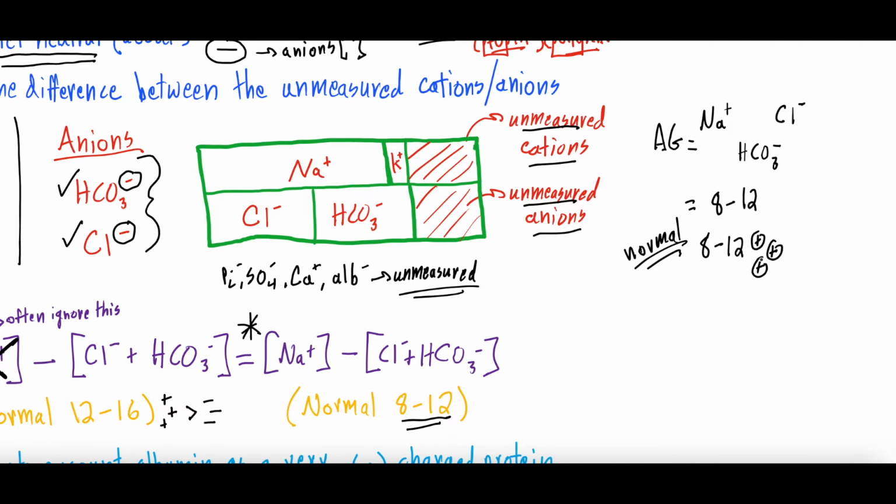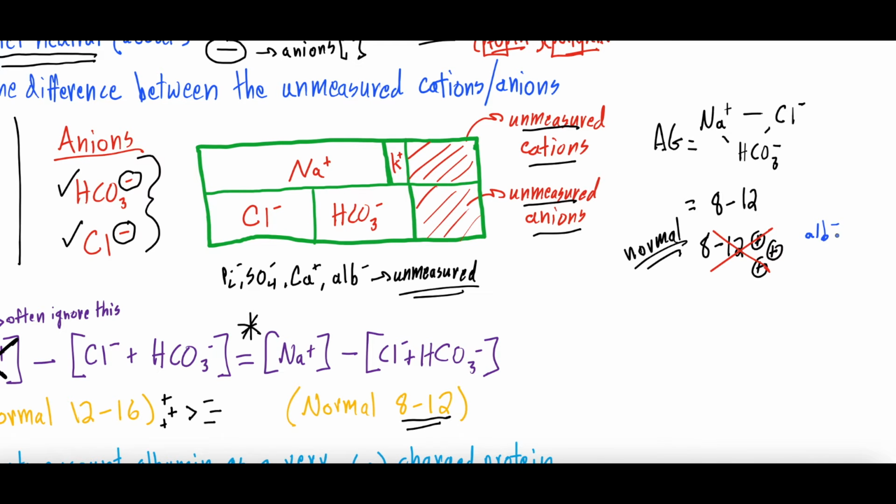This isn't to say that the blood is always positive 8 to 12. It's just saying that when you only look at these three, you are missing a number of negatively charged anions that would neutralize this and cancel this out. So this is a non-anion gap. This is normal, because you have all these unmeasured anions. A big one is actually albumin, a protein that floats around.